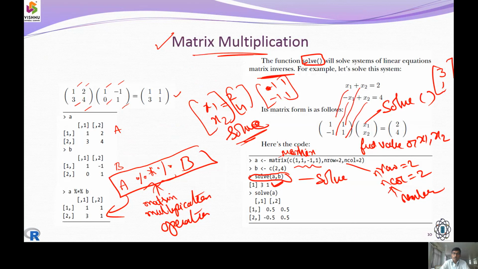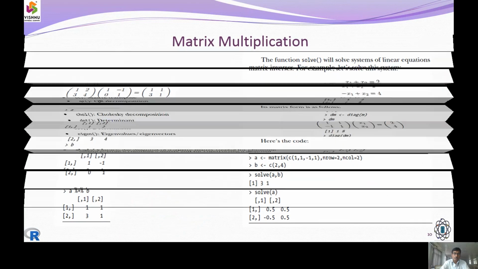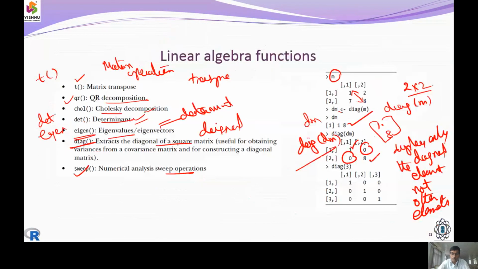The most important key takeaway was, to do a matrix multiplication, we need the symbol percentage, star, and percentage. That was the change we should make for the multiplication operation on matrices. Similarly, some more algebraic functions are the transpose of a matrix, the determinant of a matrix, the eigenvectors or eigenvalues of a matrix, and printing the diagonal elements from a matrix.